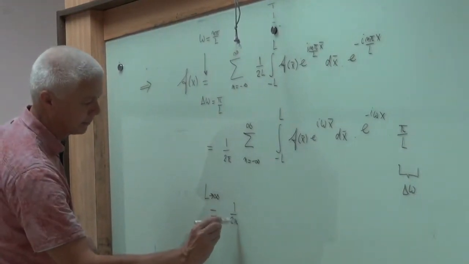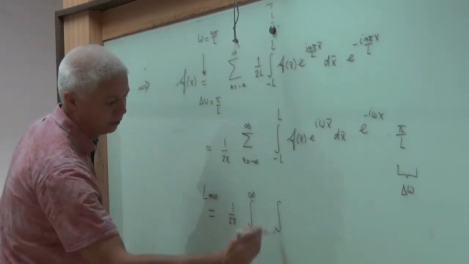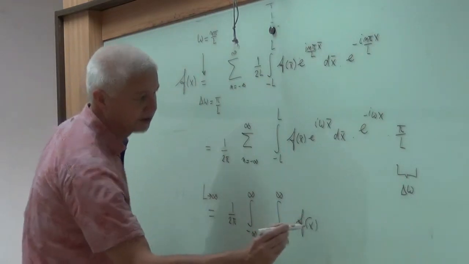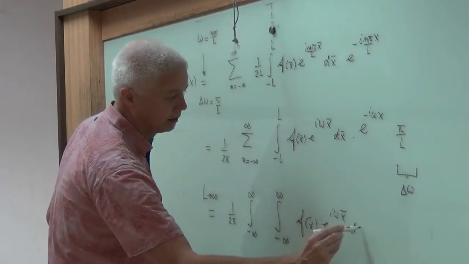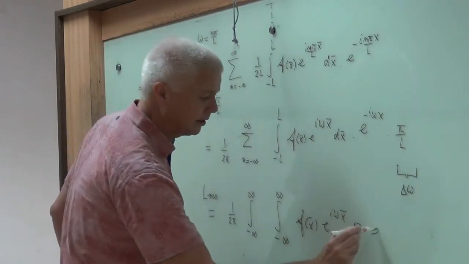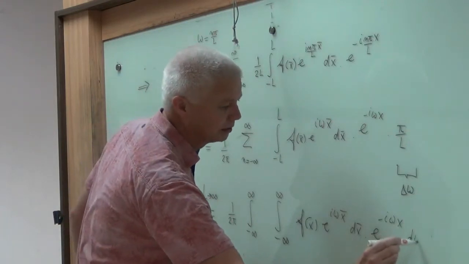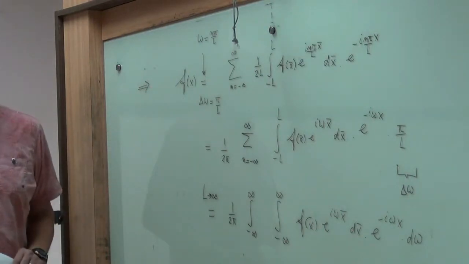So what I get is 1 over 2 pi, integral from minus infinity to plus infinity, integral from minus infinity to plus infinity, f(x bar) e to the power i omega x bar dx bar times e to the power minus i omega x times d omega. And that's equal to f(x).